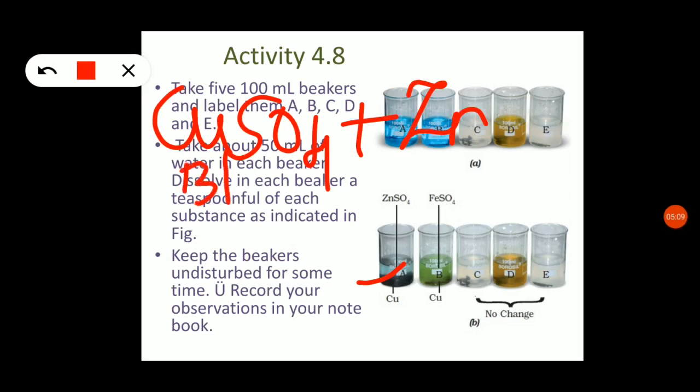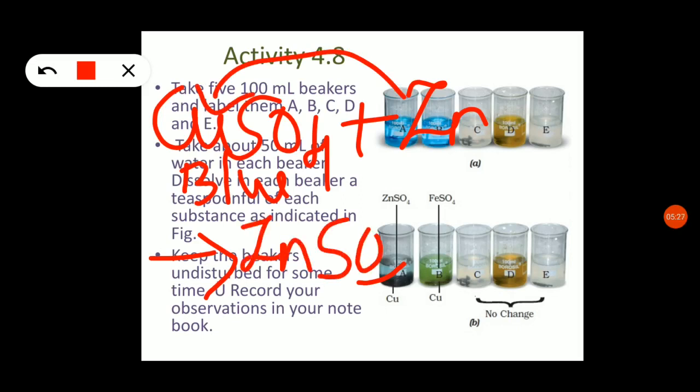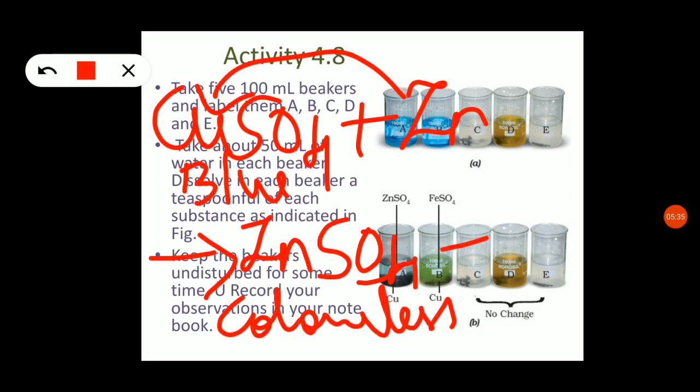Copper sulfate was blue in color. After the reaction has taken place, here zinc is more reactive than the copper, so zinc will displace copper. Hence it will form zinc sulfate. This zinc sulfate is colorless, plus copper is displaced. Thus copper is red in color. So this is the reaction observed in the beaker A.